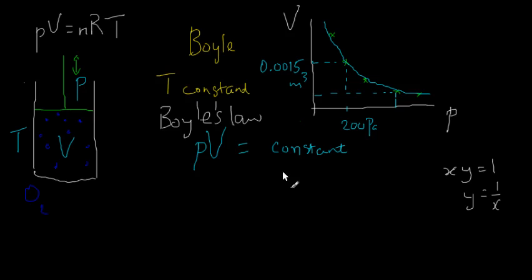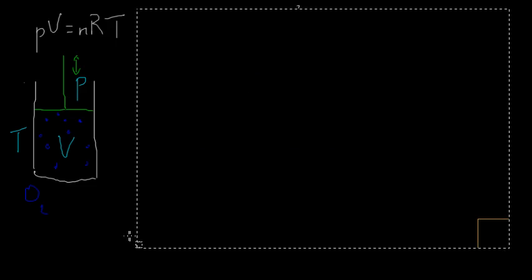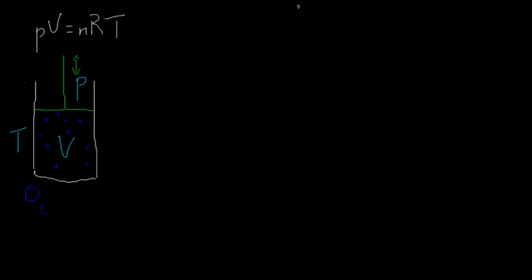Okay, now what I'm going to look at is how the volume changes with temperature if I keep the pressure fixed. So this time, I'm going to imagine that the pressure is fixed.